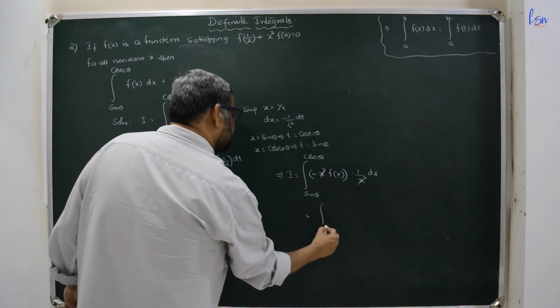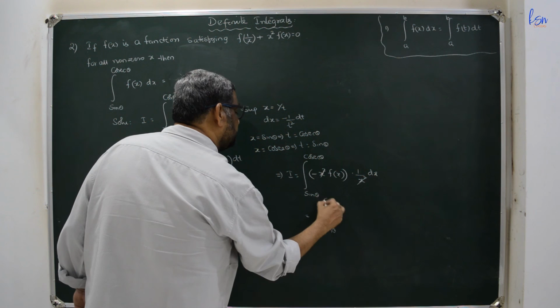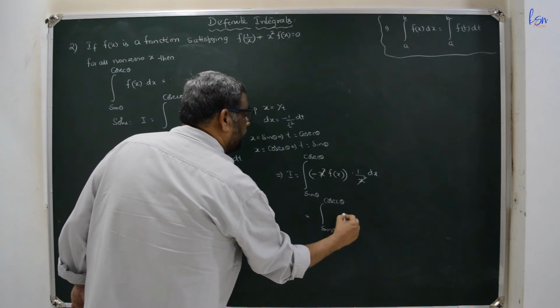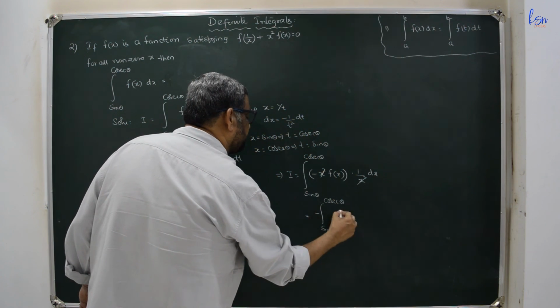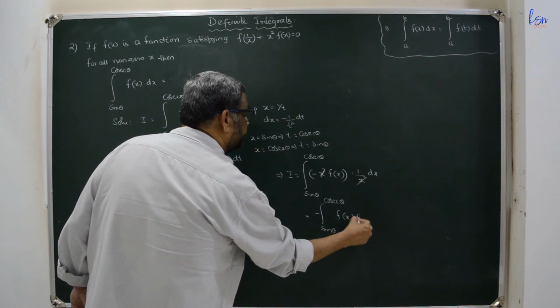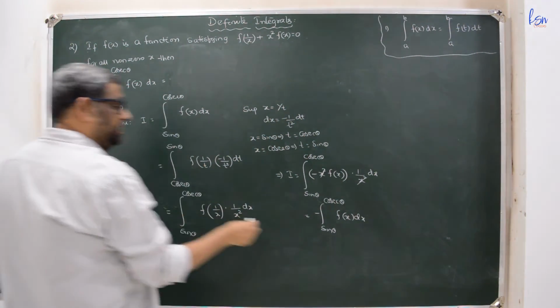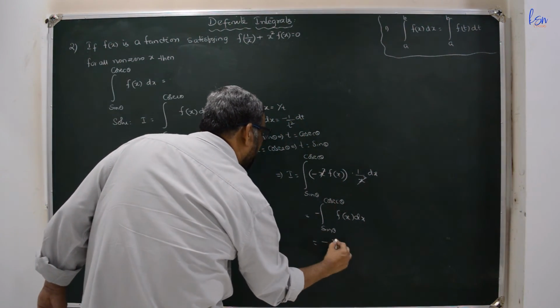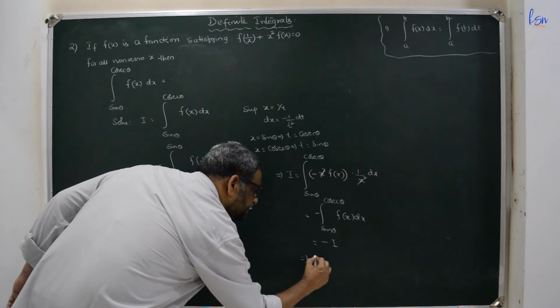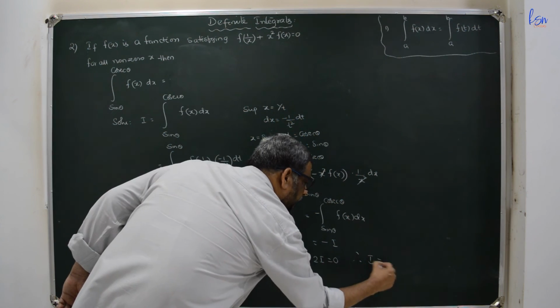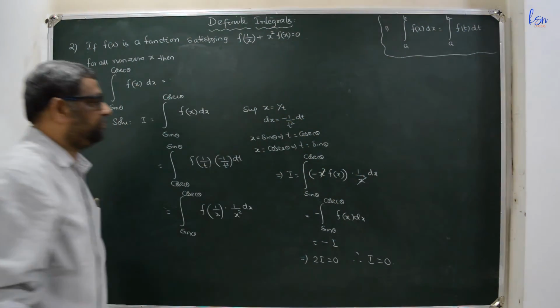This will be integral sin theta to cosecant theta minus f(x) dx. You can write minus outside, minus f(x) dx. Integral sin theta to cosecant theta f(x) dx is I. So this is equal to minus I. Implies 2I is equal to 0. Therefore, I equal to 0 is the answer.